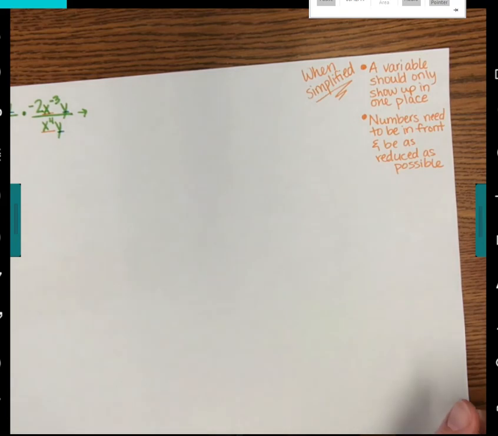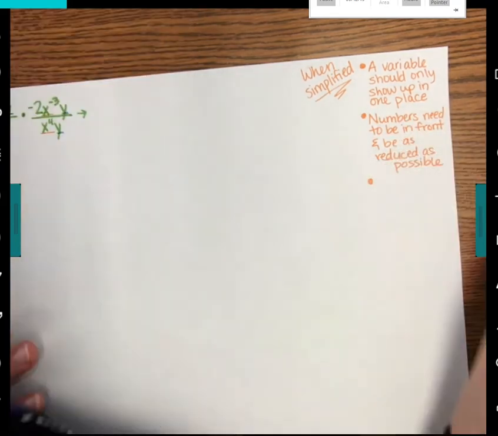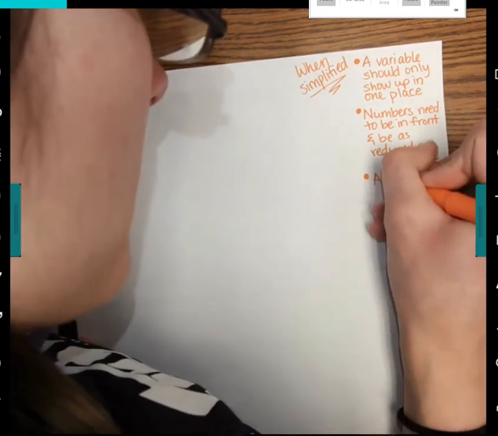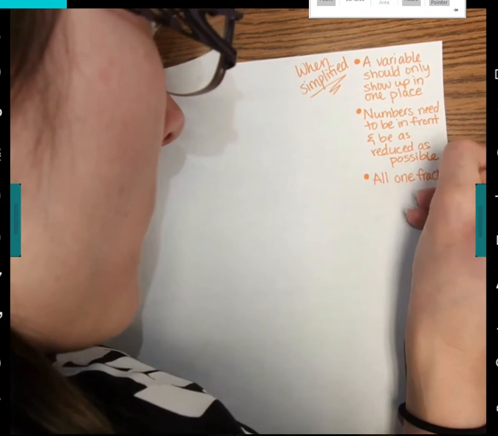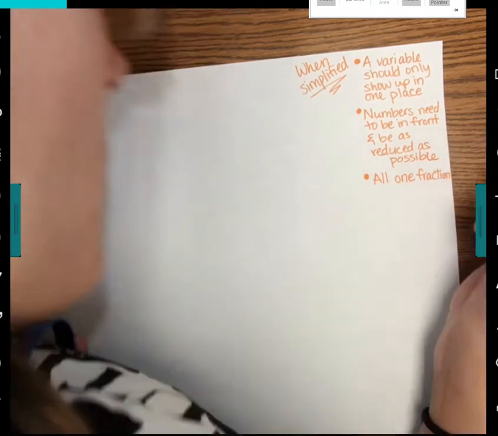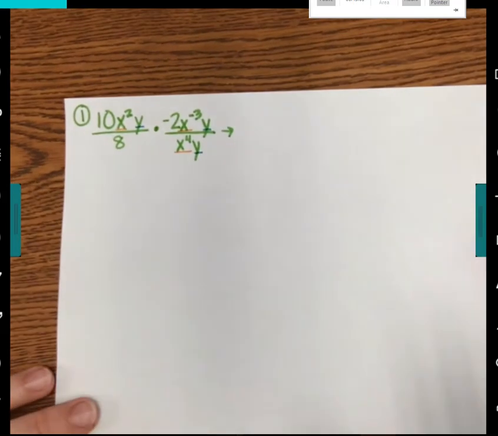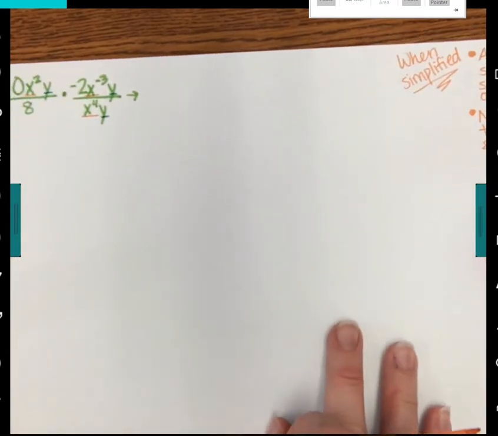Okay. And because I didn't even think we necessarily need to say this, but just as a reminder, it needs to be all one fraction. Okay, so these rules are going to get you on your way. So, pause if you need to.